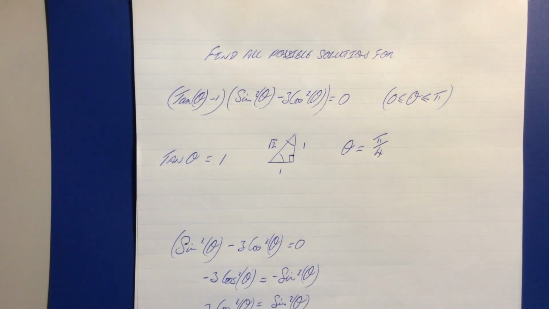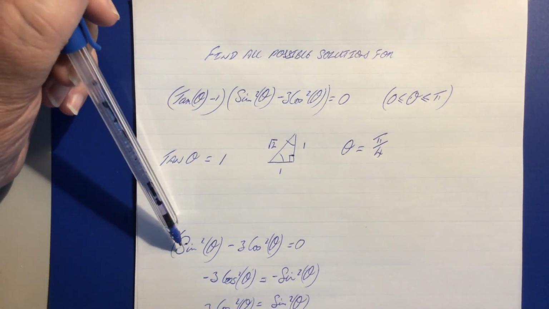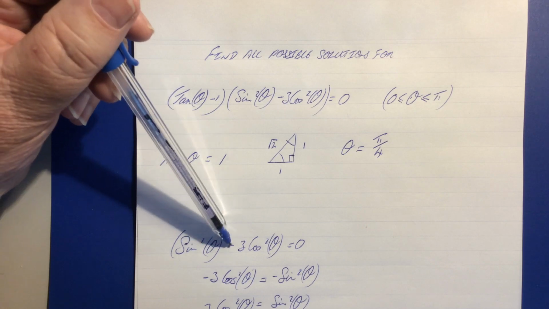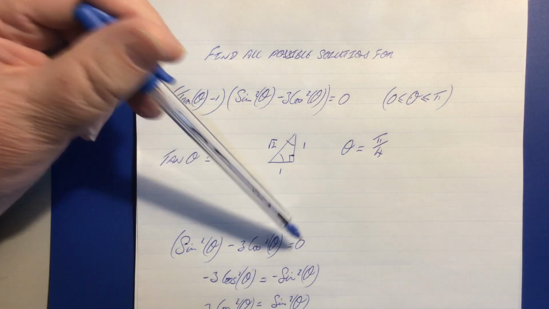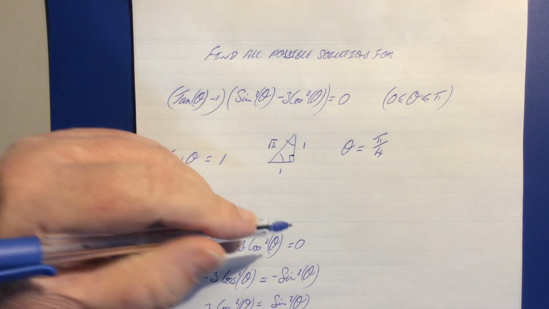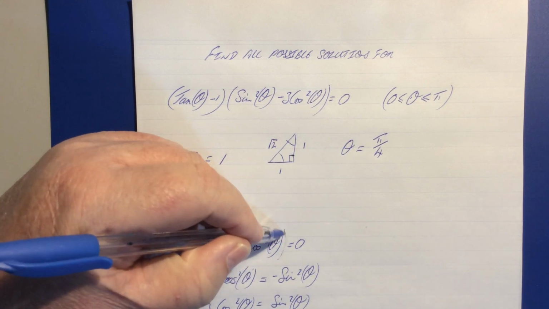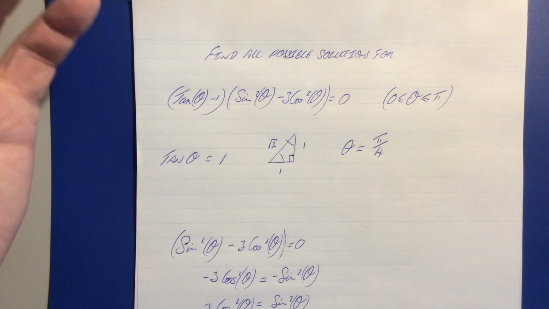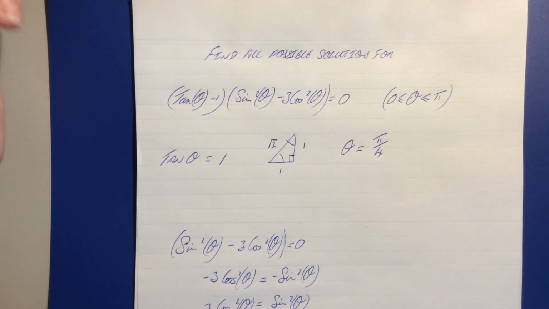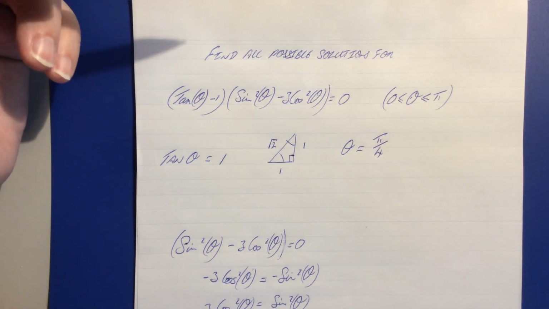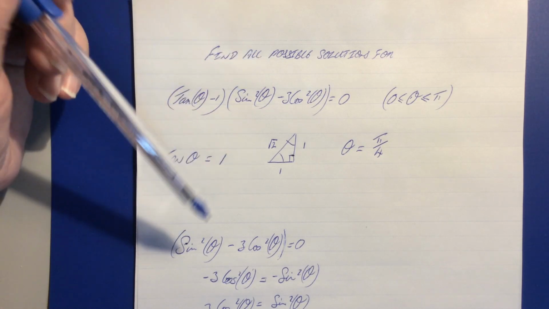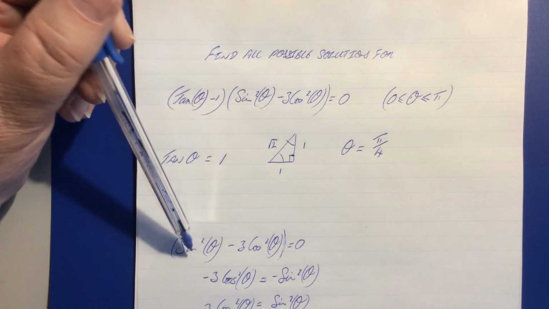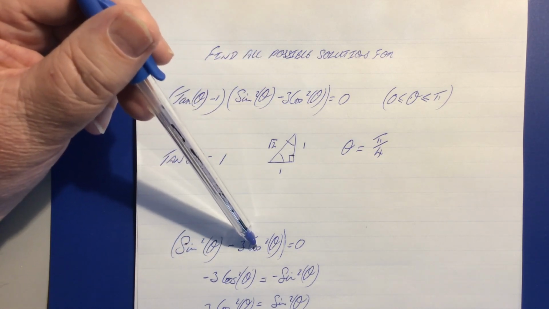Let's have a look at this. So sine squared theta minus 3 cos squared theta equals 0. Now, in here there's something that should alert a keen-eyed student to the fact that we've got a tangent solution for this, because we're dealing with sines and cosines.